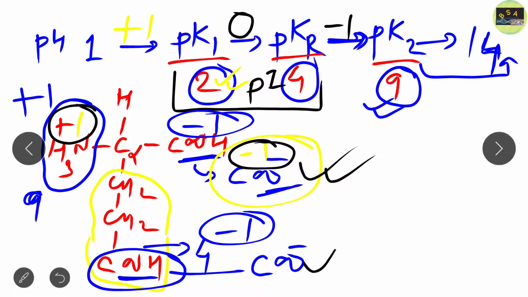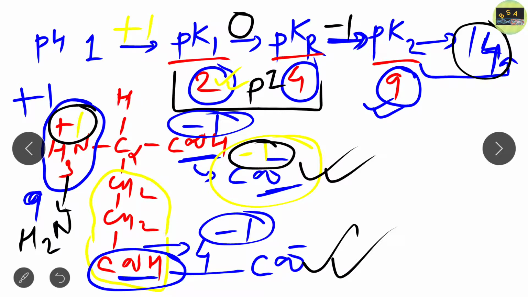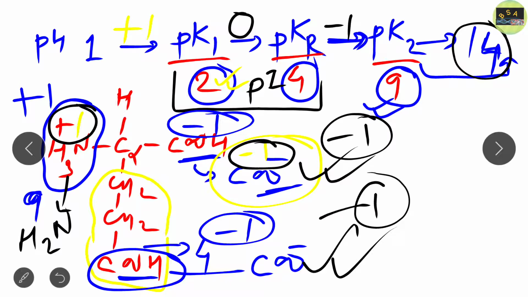This will also remain as CO minus as it is above 4. We calculate at pH 14, and this becomes neutral, that is the charge here becomes 0, it becomes NH2. Neutral. So the charge becomes minus 1 and minus 1. So the charge is minus 2.